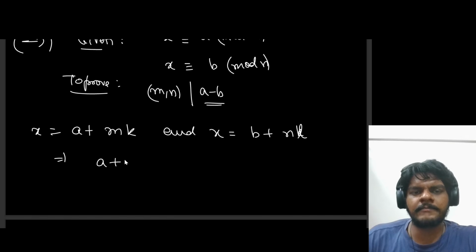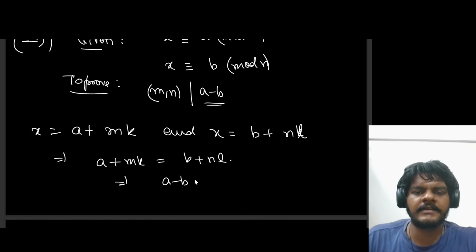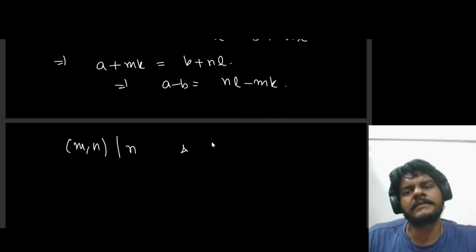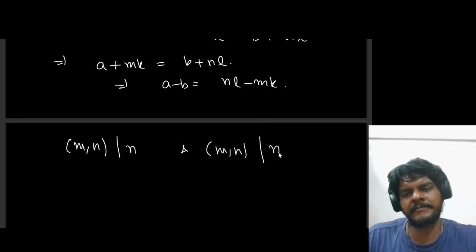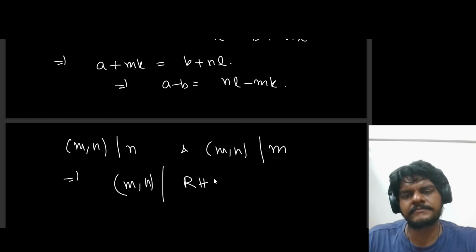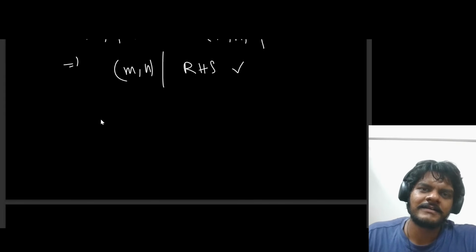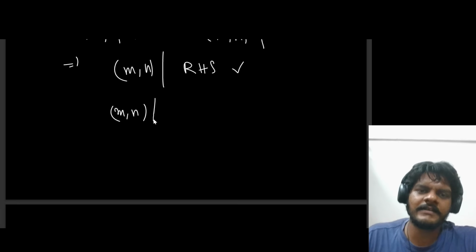That will imply a plus mk is equal to b plus nl, which implies a minus b is equal to nl minus mk. Now GCD of m, n divides n, and GCD of m, n divides m. Doesn't that imply GCD of m, n divides the RHS, a linear combination of m and n? So obviously GCD of m, n divides a minus b. I think this is a very simple question.